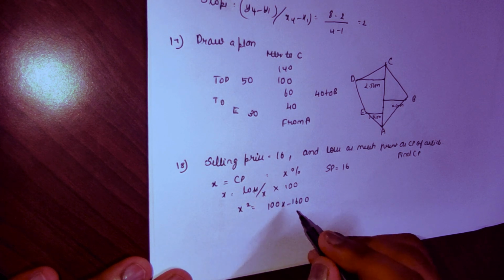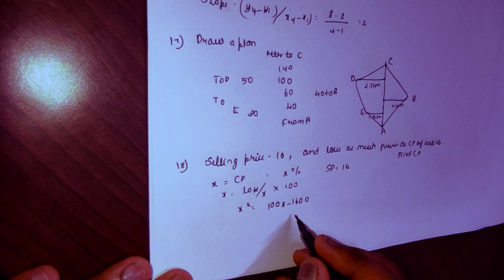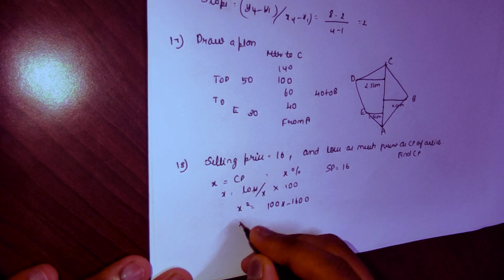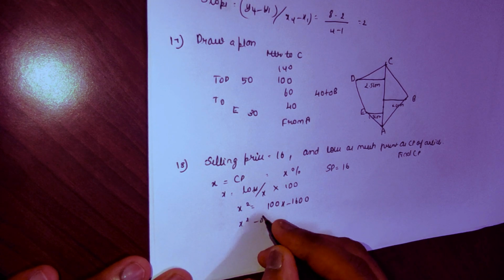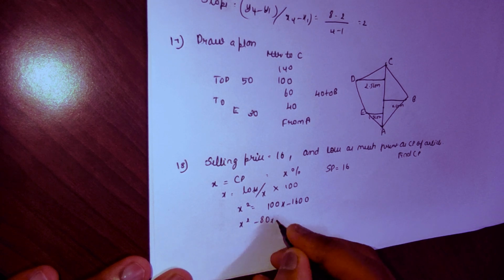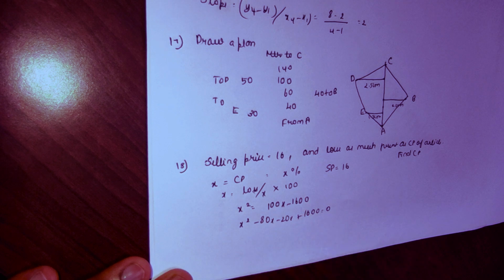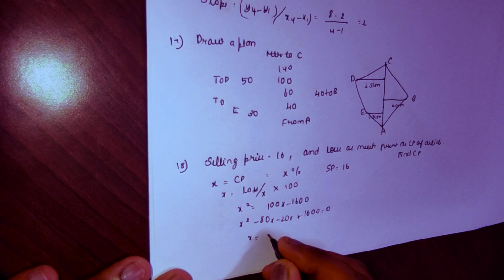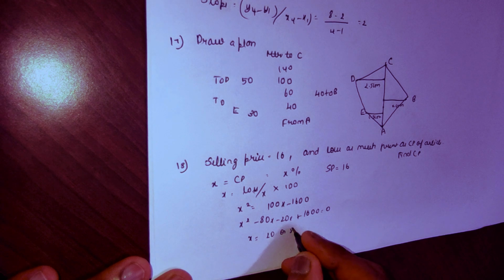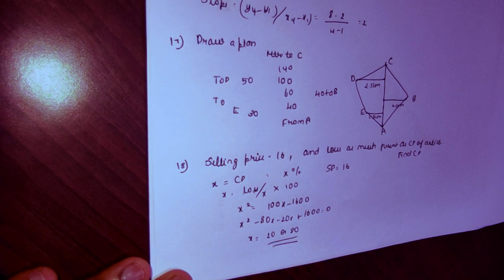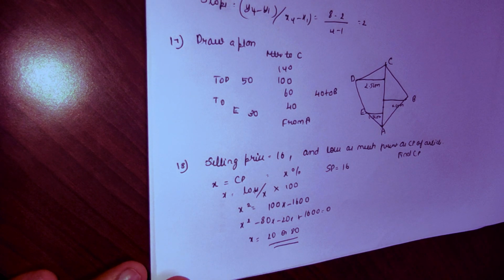Substitute instead of loss x minus 16, then you will get this quadratic equation, x square minus 100x plus 1600 is equal to 0. By solving this equation, you will get the cost price of the article, that is rupees 20 or rupees 80. So the cost price of the article is rupees 20 or rupees 80.